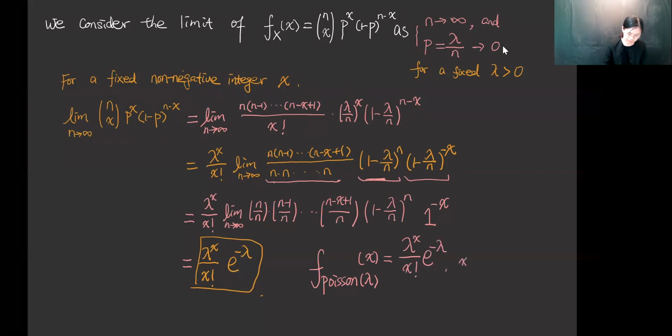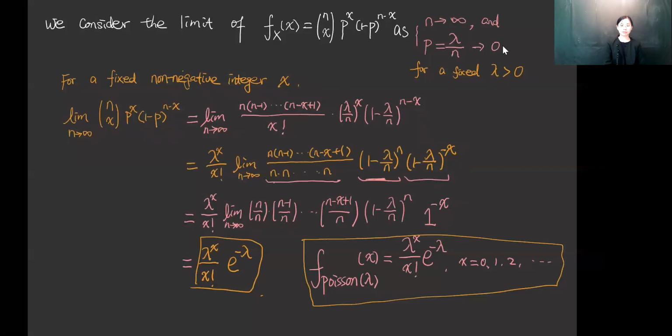And realizations of the Poisson random variable can be 0, 1, 2, to infinity. So all the positive integers and 0. So that is the Poisson distribution, the Poisson lambda distribution.